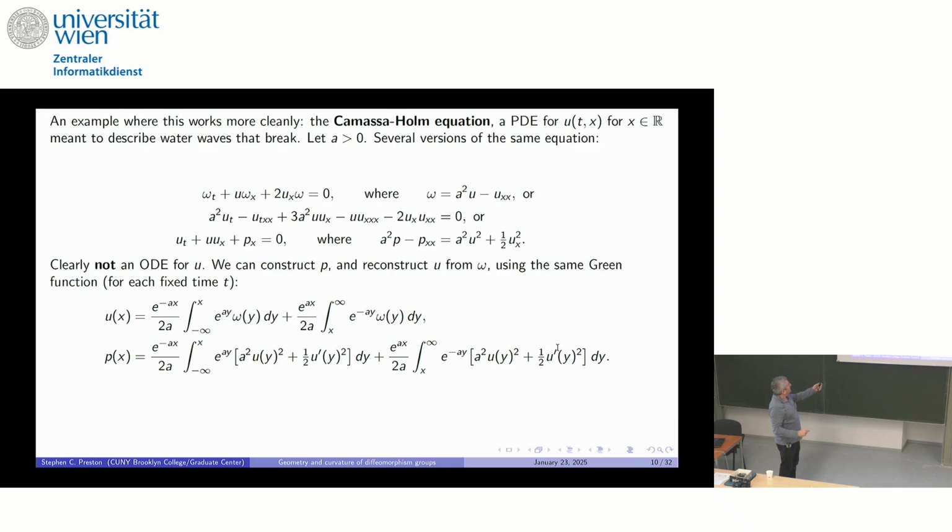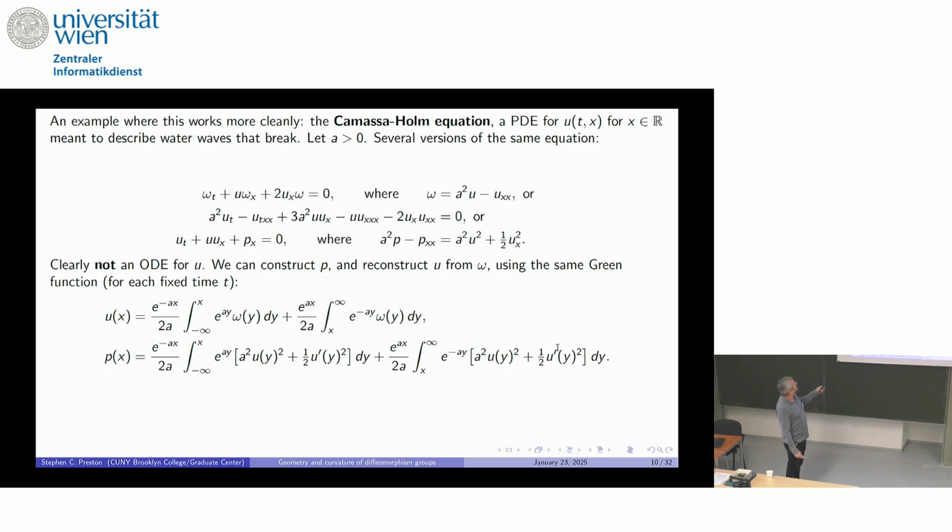All right, so how do I invert this differential operator, a squared u minus uxx, which appears twice here? So there's a formula for inverting that, which looks like this in terms of exponentials. So if I'm given omega, I can invert to find the velocity field u using this equation. And if I'm given whatever this stuff is, I can invert to find p explicitly.